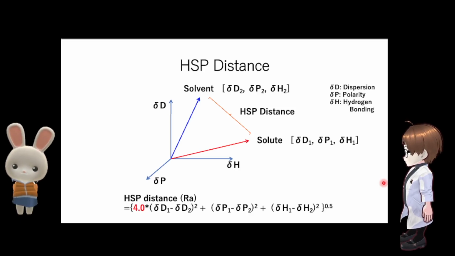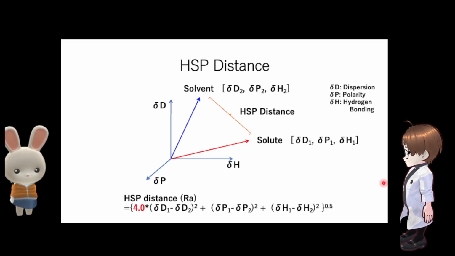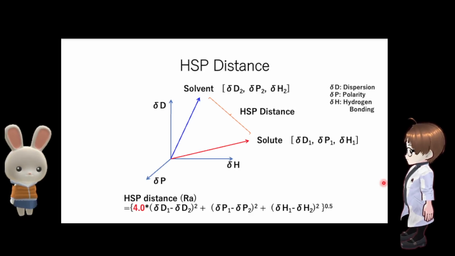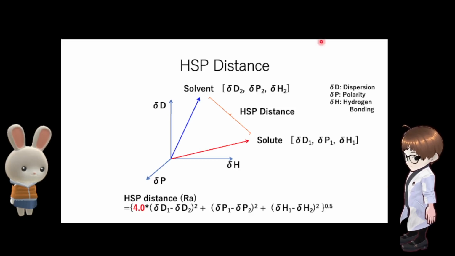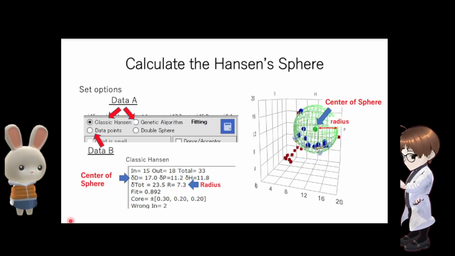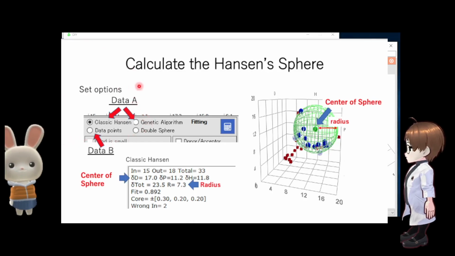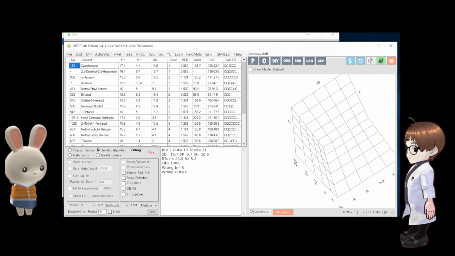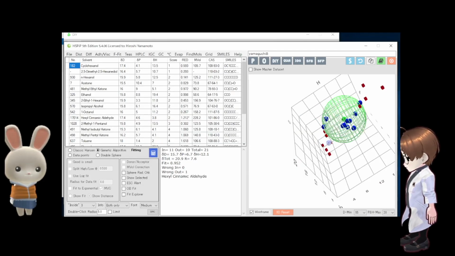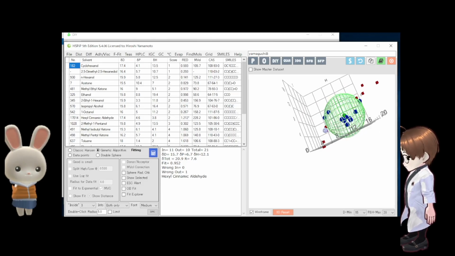When considering similarity, the distance between the vectors is calculated, but unlike usual, a coefficient of 4 is added before the difference in dispersion term. Let's do it. You just set options and calculate. Great. Then you can get the sphere.